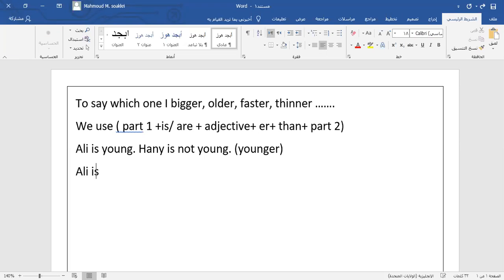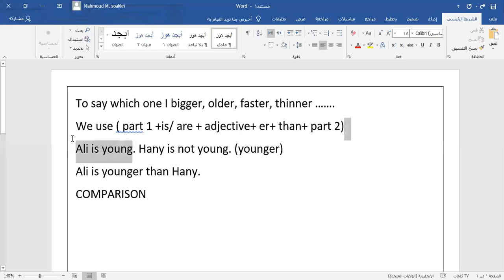Ali is singular, so I take is. After this, the adjective. The adjective is young. Plus er. Then I put than. Then I put part 2. Part 2, which I am comparing with, is Hani. This is called the comparison. In comparison, I compare 2 parts, and here is the rule.